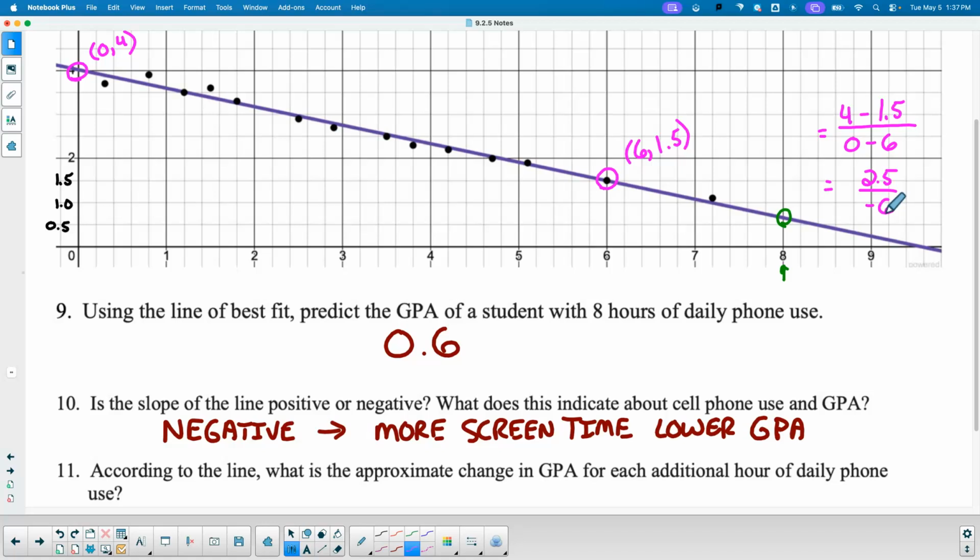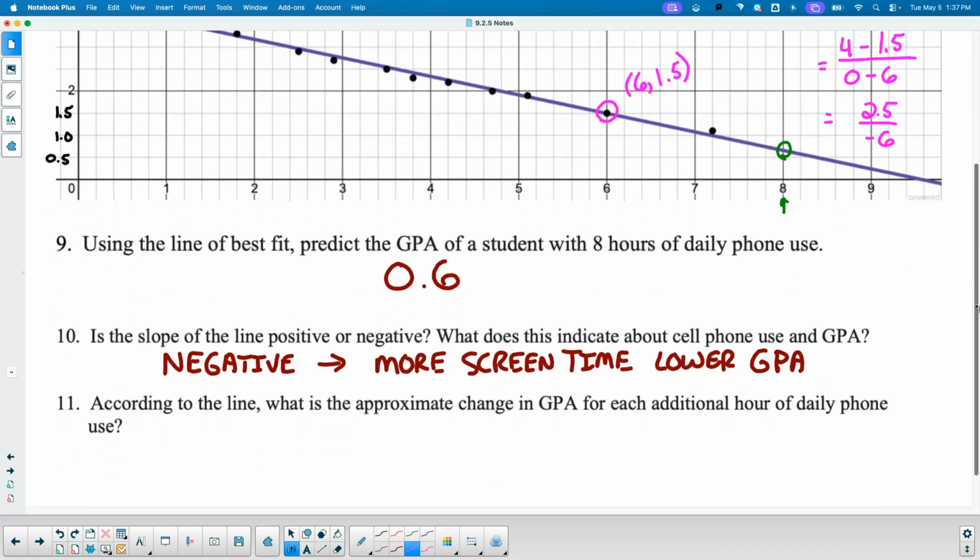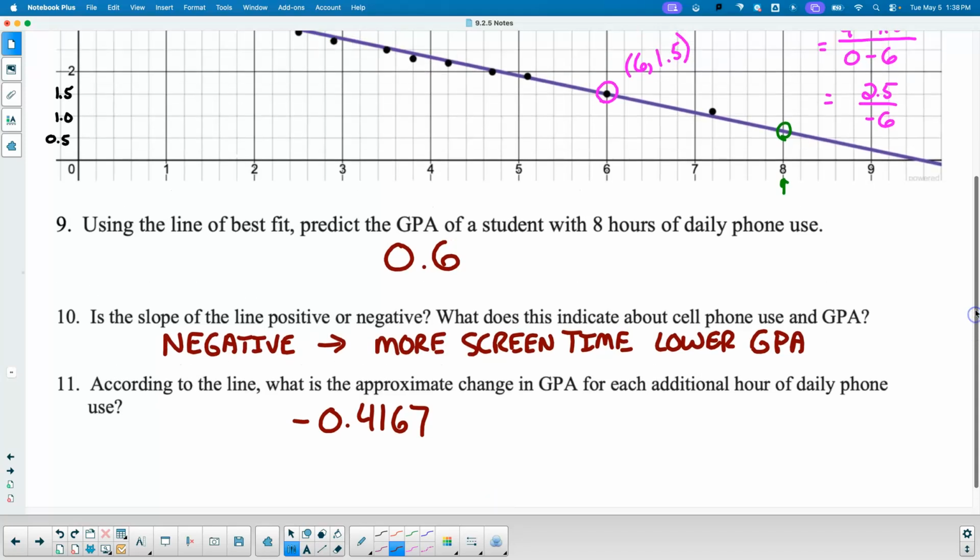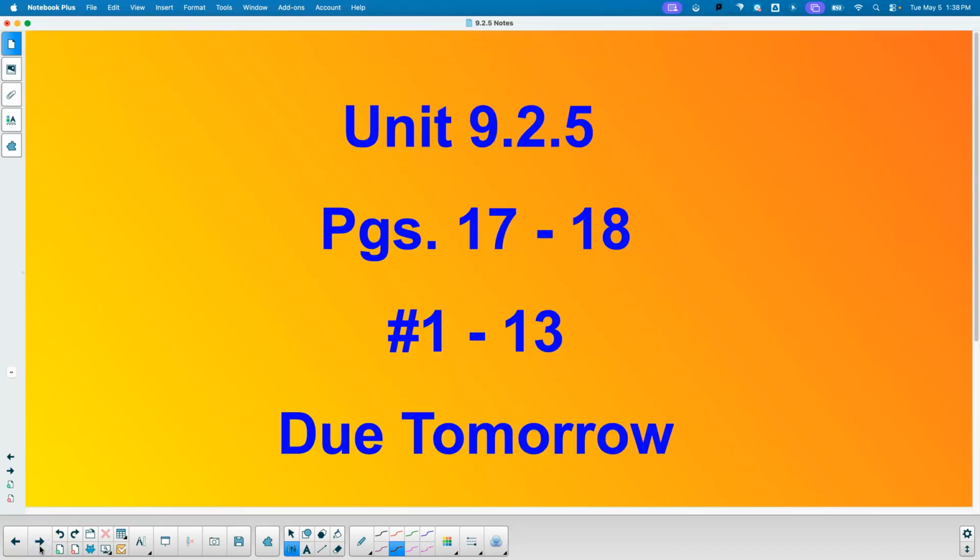Okay, so what is 2.5 divided by negative 6? So let's say negative 0.4167. We'll go up to 4. Okay? So for each additional hour, according to this study, you're losing almost half of a GPA. Huh? Good? Awesome. All right, let's go through the homework so we know what we're doing.